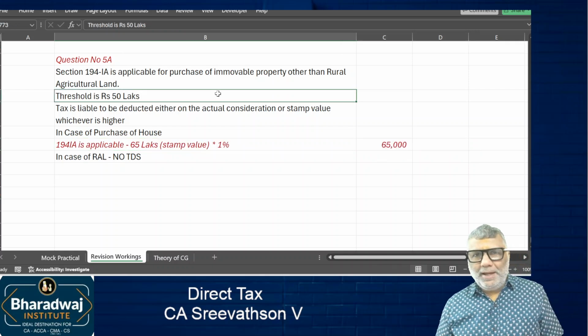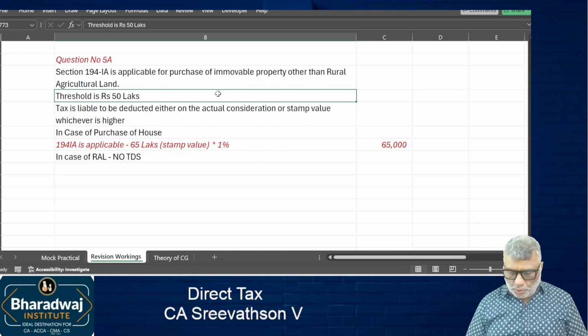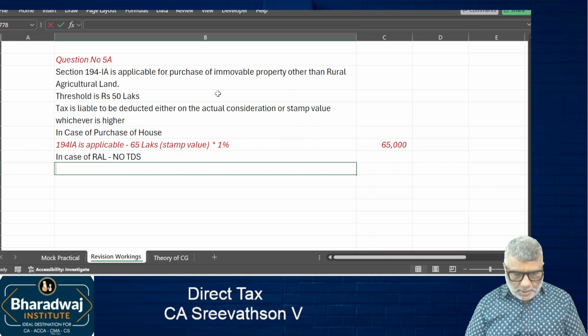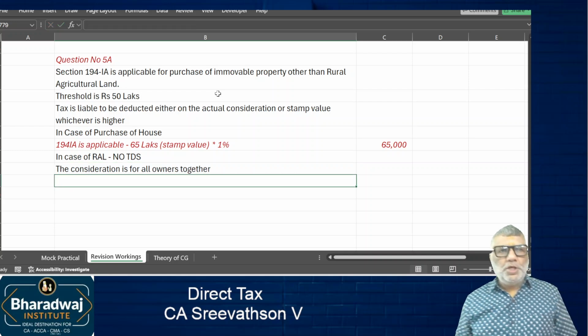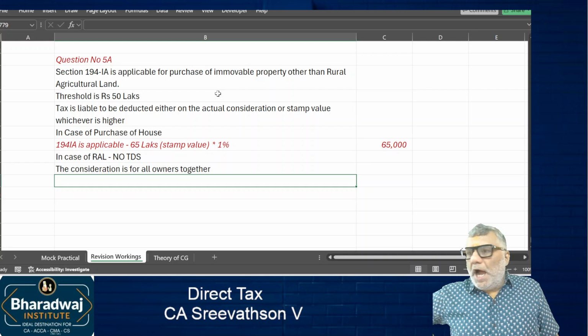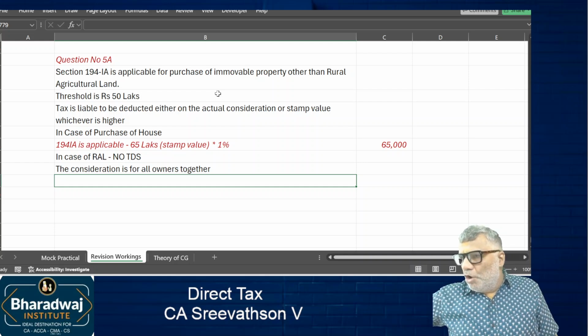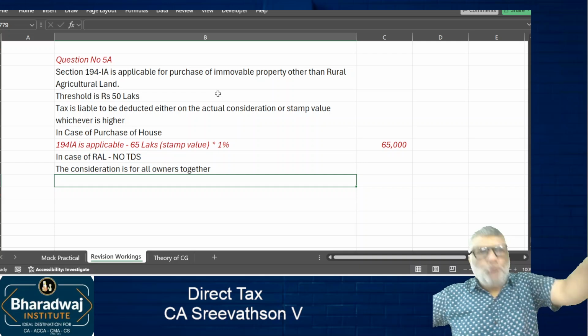Okay, here I am writing a small note which they have given as a circular. The consideration is for all owners together. Suppose Mr. A and Mr. B are owning the house and the total purchase consideration is 90 lakhs, 45 lakhs to Mr. A, 45 lakhs to Mr. B. I have to deduct.